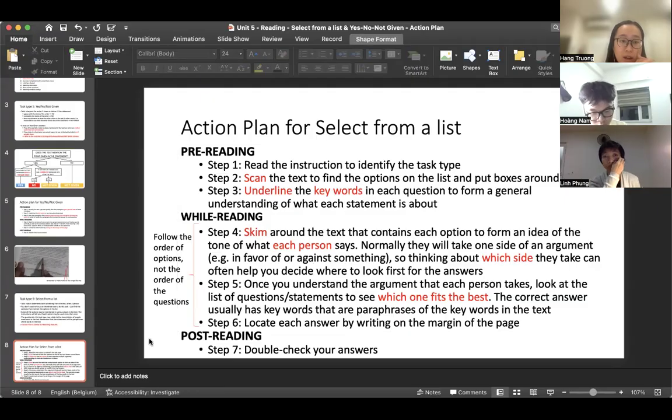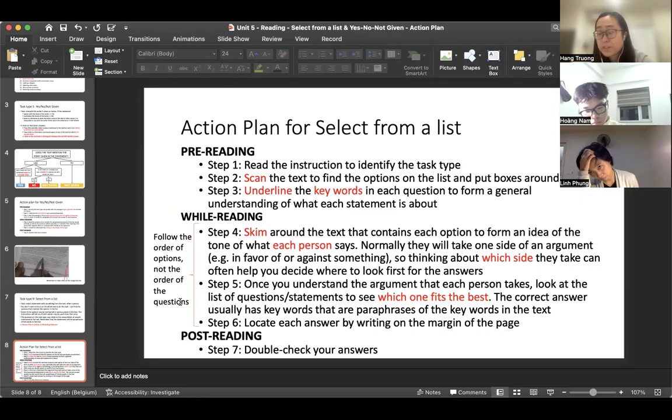Okay, and then when you read, remember, try to follow the order of the options, not the order of the questions. This is going to save you time, and time is what we are working against here in IELTS, because 40 questions in 60 minutes, it's again not a lot, right?